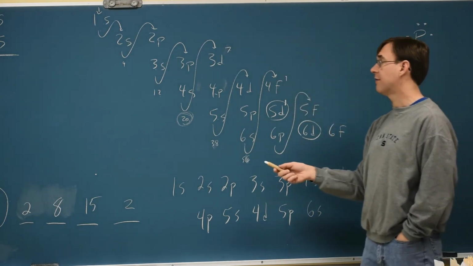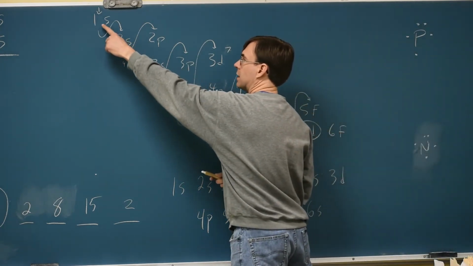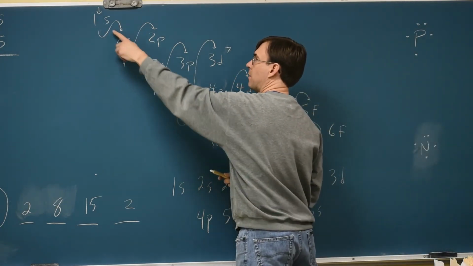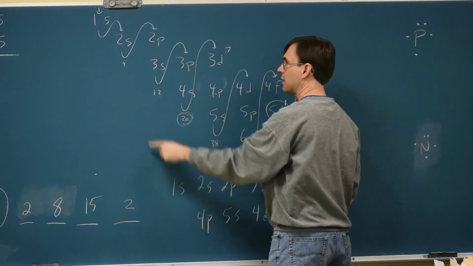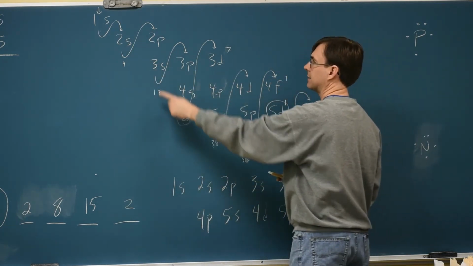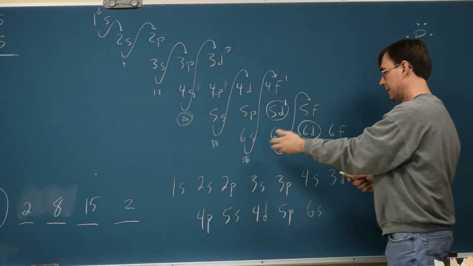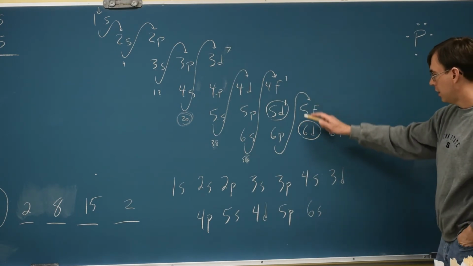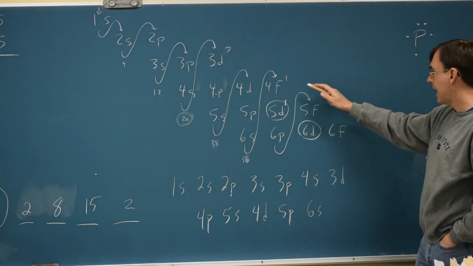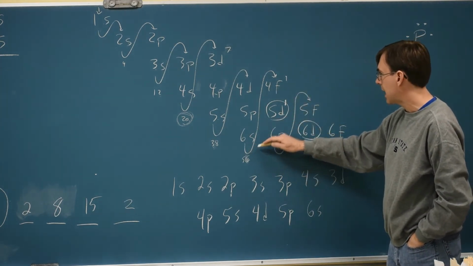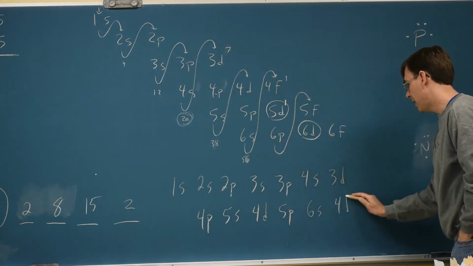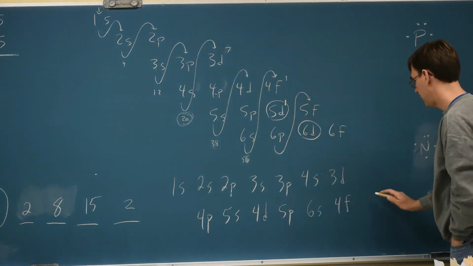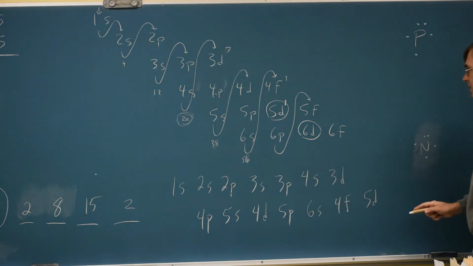And then we would just have to write out in order everything we crossed through in the order we would pass it. So 1S is first, 2S is next, 2P is next, and so on and so forth. We got as far as, let's see, 6S, followed by 4F, followed by 5D.